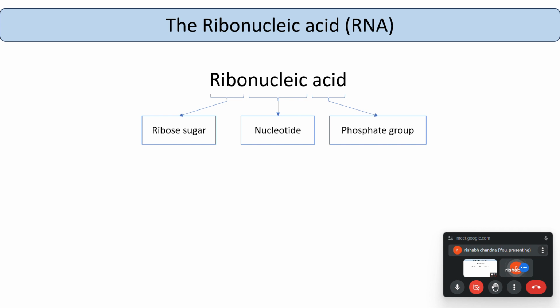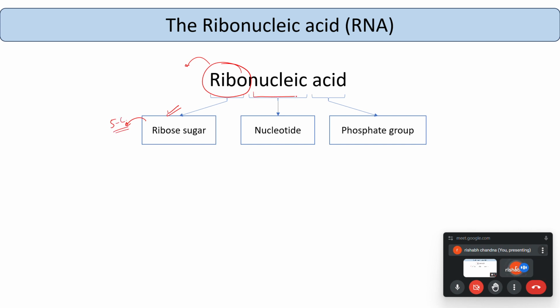So, going by its name, ribo comes from the word ribose sugar. So, it is a nucleic acid that contains the ribose sugar. So, ribose is a 5 carbon sugar.